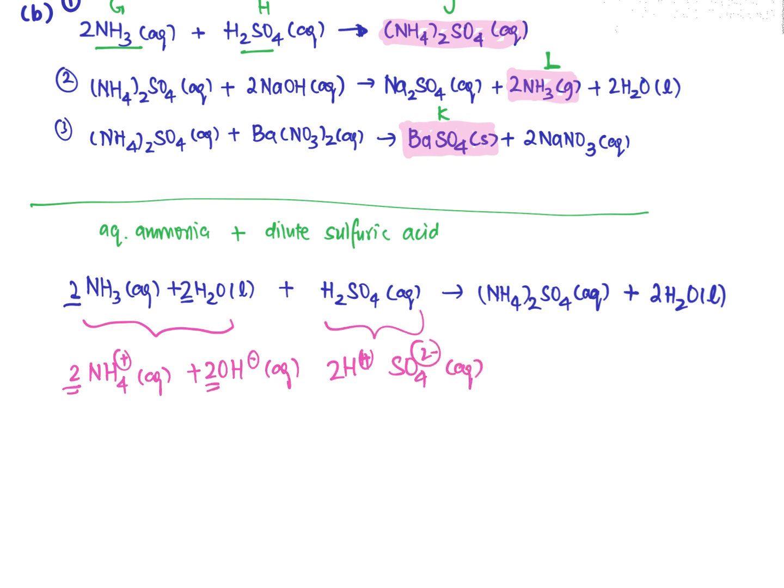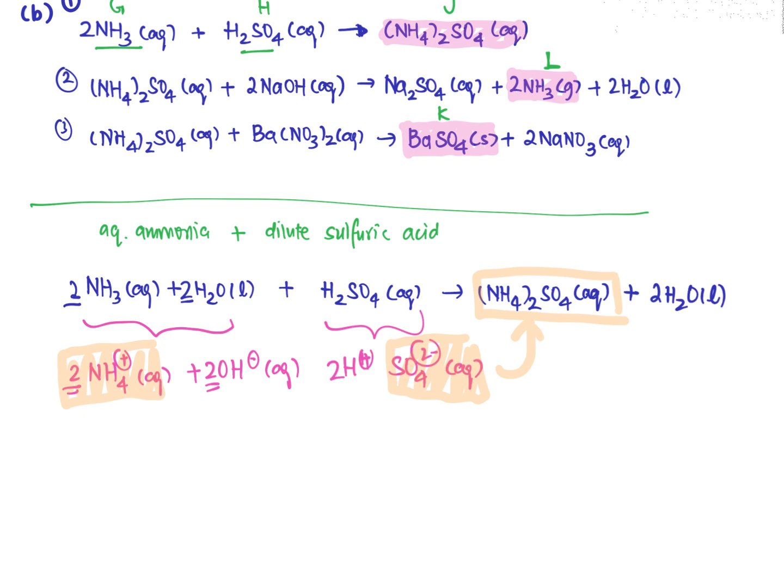During the formation of the salt, you always take the negative ion of the acid combined with the positive ion from the alkali. So if you have your NH4 plus combining with your sulfate, you are able to form this particular salt.